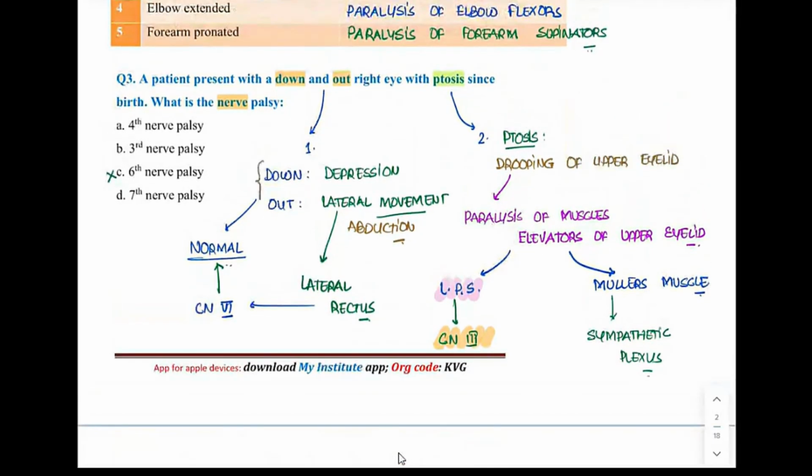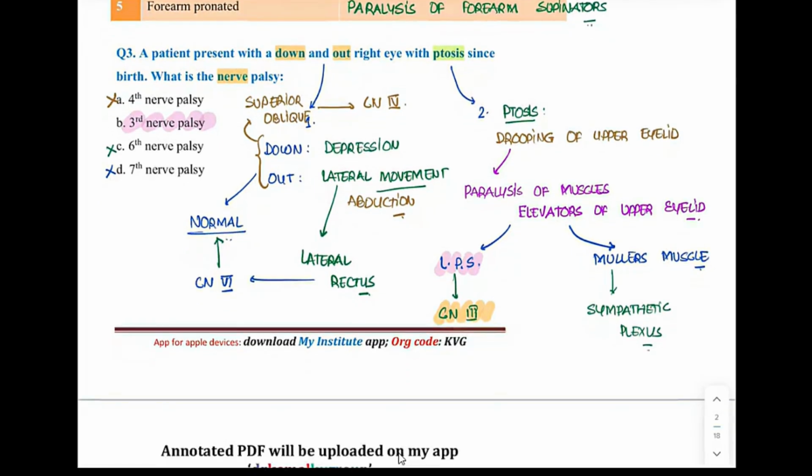This is also action of another muscle, and that is known as superior oblique. And superior oblique is supplied by cranial nerve 4th, that is trochlear. So it means it is also normal. Facial nerve has nothing to do with extraocular movements. It supplies only muscles of facial movement. So we can say that the answer is third cranial nerve, right? So this is how we can reach up to the answer.